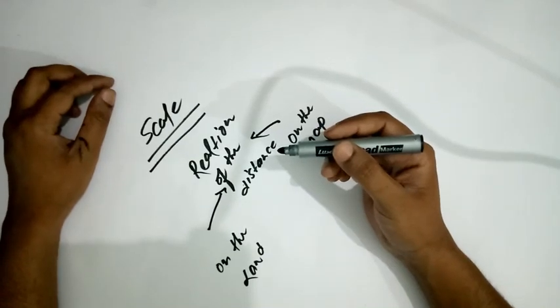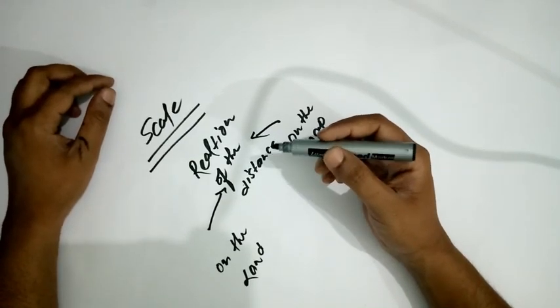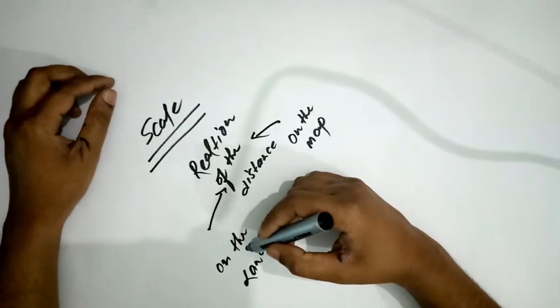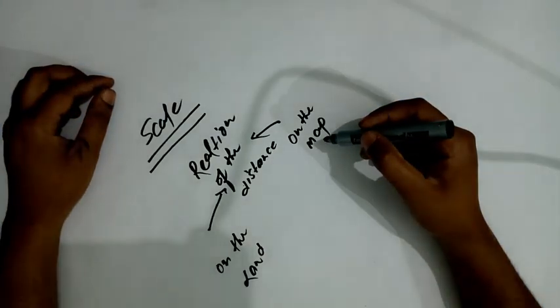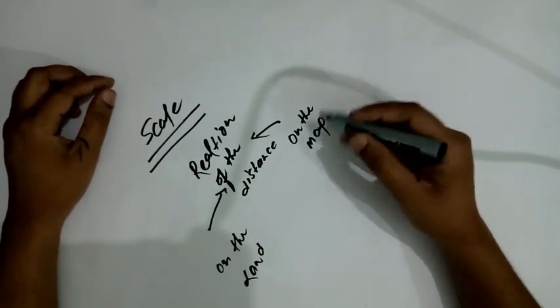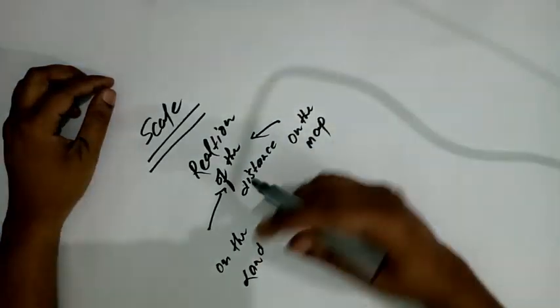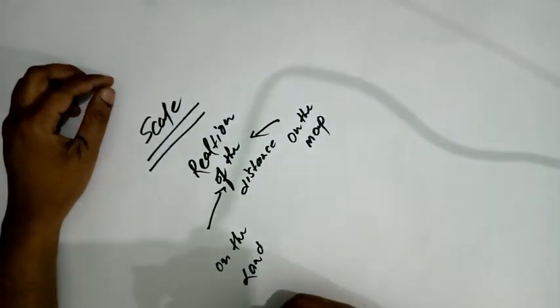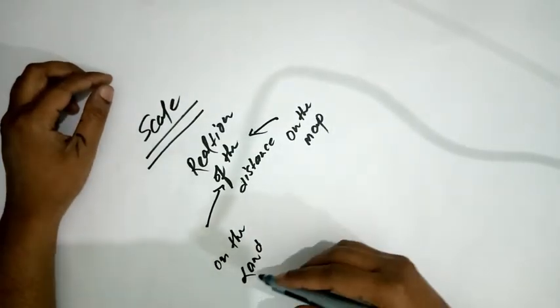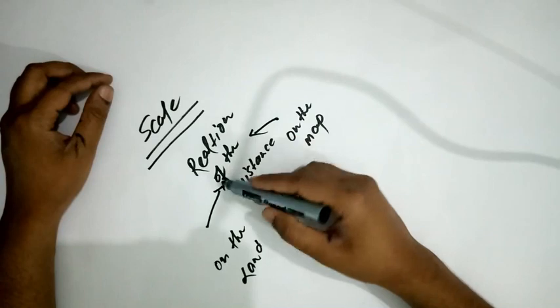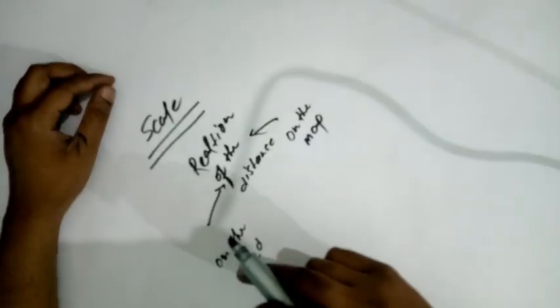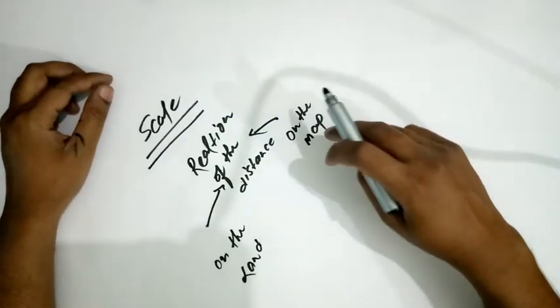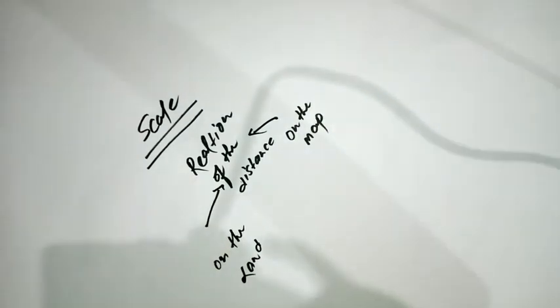One is on the land, the actual distance on the land, and the second one is on the map. So the scale shows the relation of the distance between the things which are on the land and the things which are on the map.